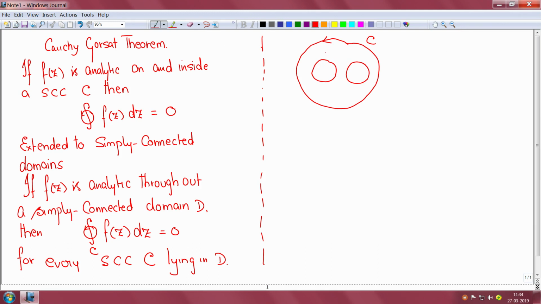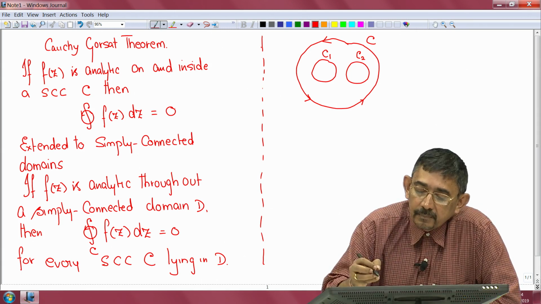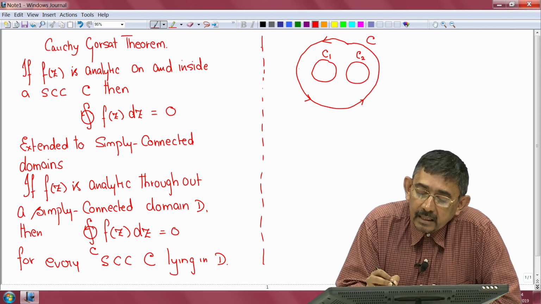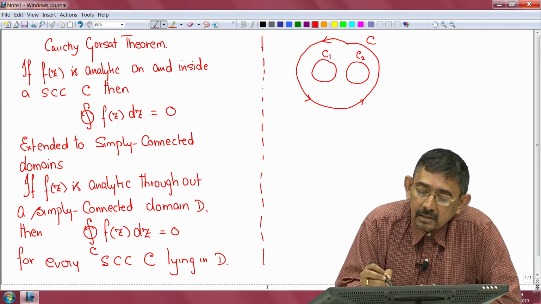Let us call this contour C1, and this contour C2. Let us not yet give any directions to them. So, this is the extension, or the implications, of the Cauchy-Goursat theorem.